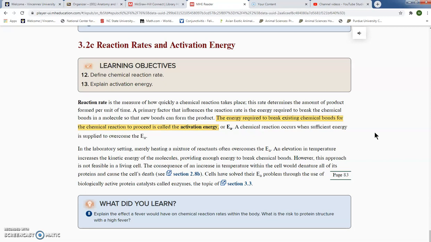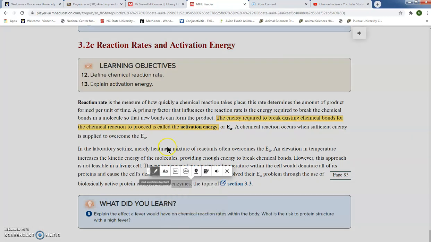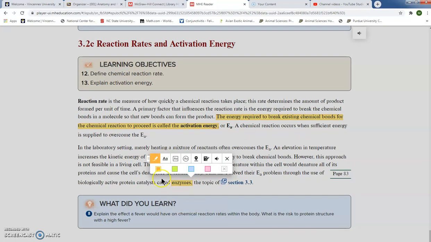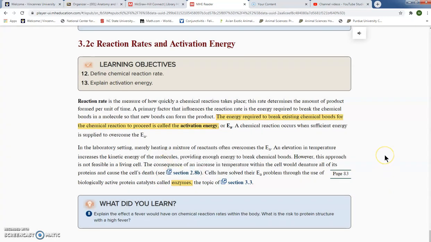And so the molecule that the human body uses to get chemical reactions to happen so that they have sufficient energy to overcome that activation energy is enzymes. So these little enzymes, and that's what our next video is going to be over, is just the enzymes and their basic information, how they work and why they work.